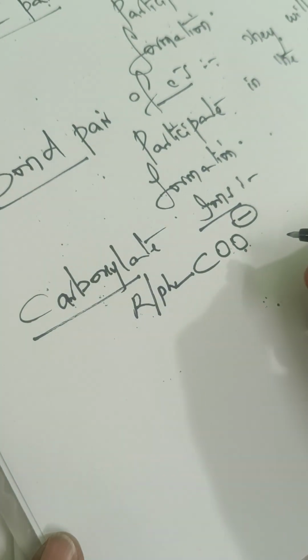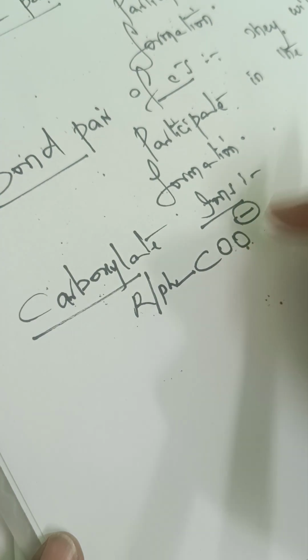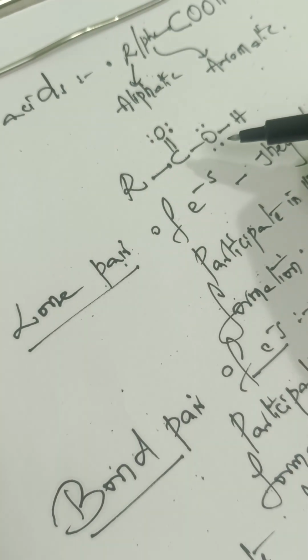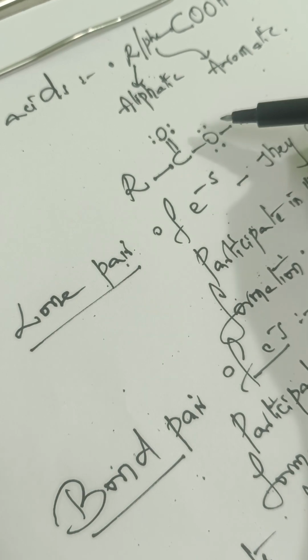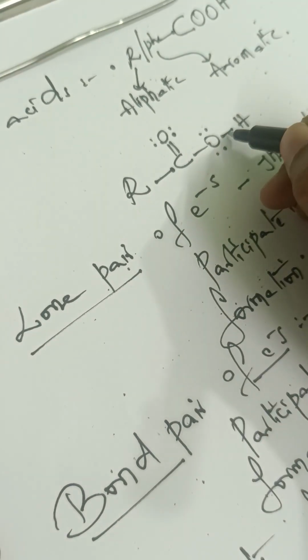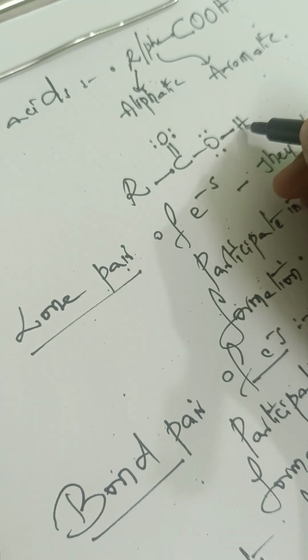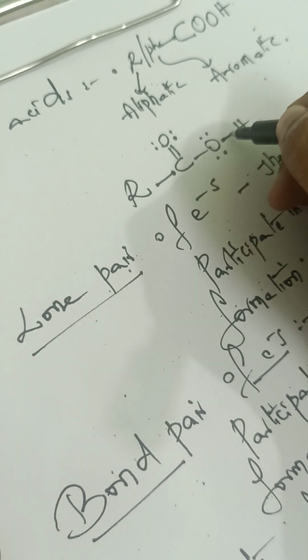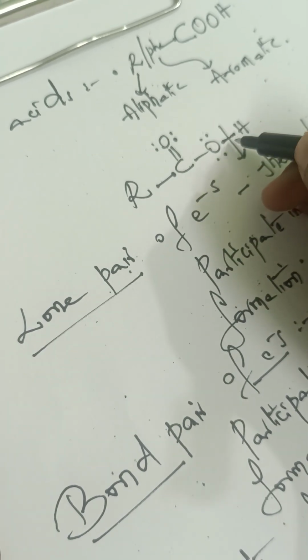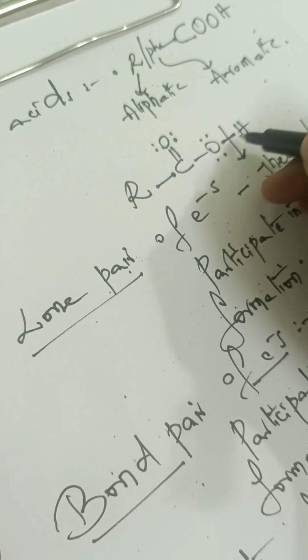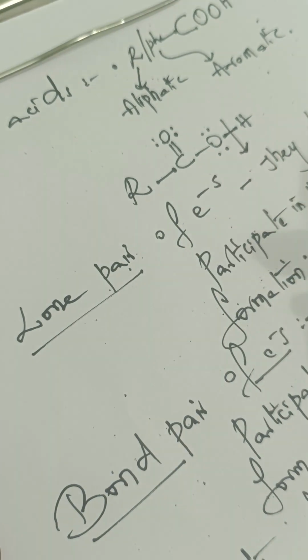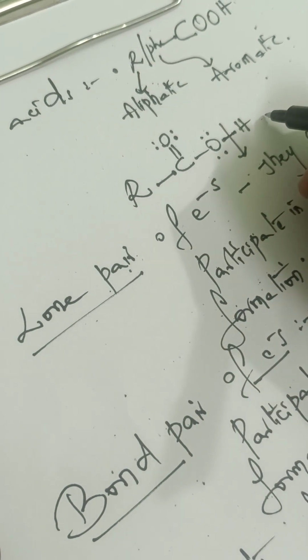As we have already discussed, RCOOH is the acid. When the bond between the oxygen and hydrogen atom breaks, it will split into ions.